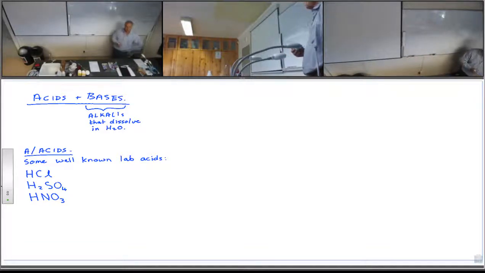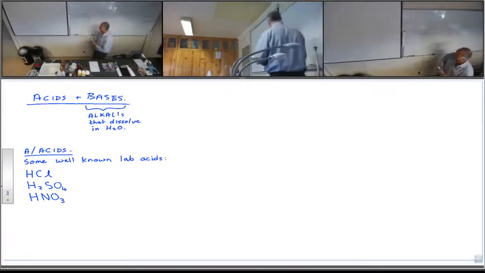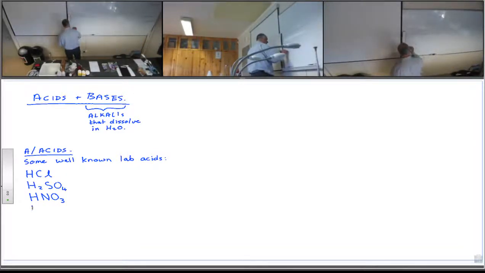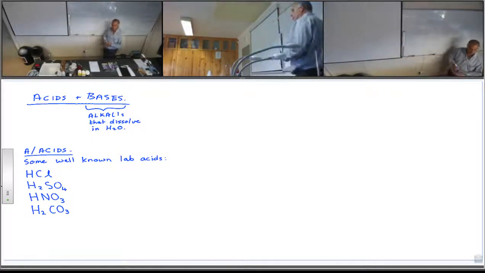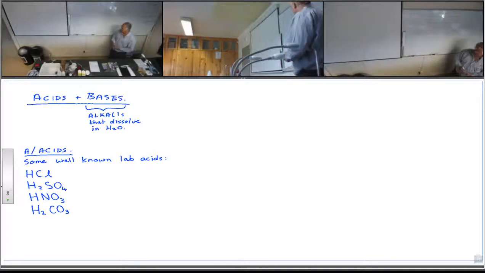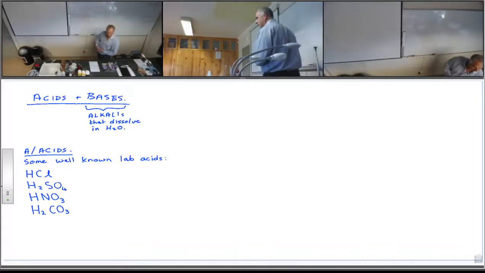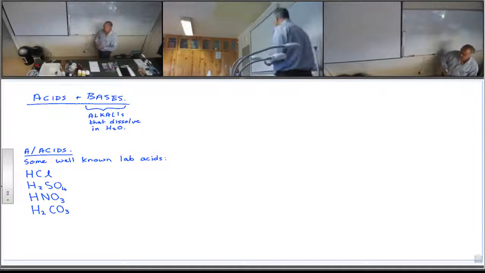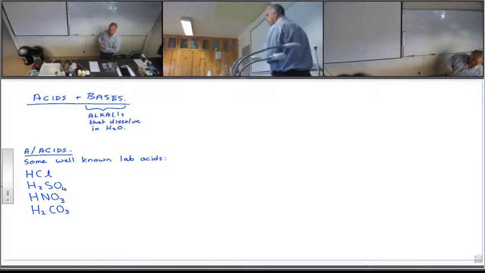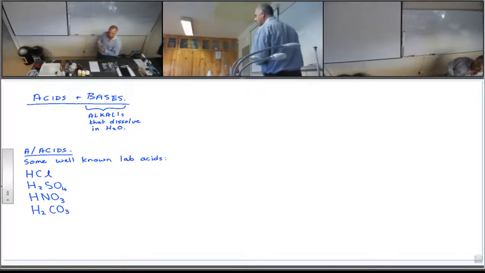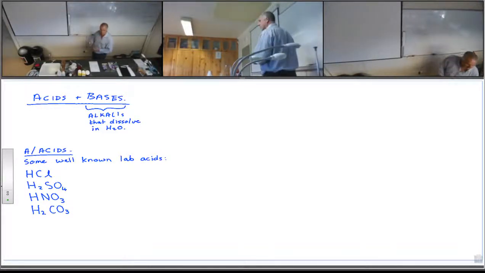Any other acids? Carbonic acid. What's the formula for carbonic acid? H2CO3. Can you give me a chemical name for carbonic acid? Hydrogen carbonate. Right. Any other acids that you can think of? Citric acid. Yes, I don't know the formula of that off by heart. It's quite a big and complex formula. Battery acid is sulfuric acid.